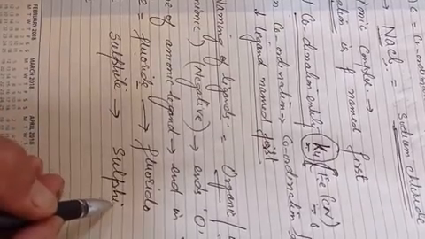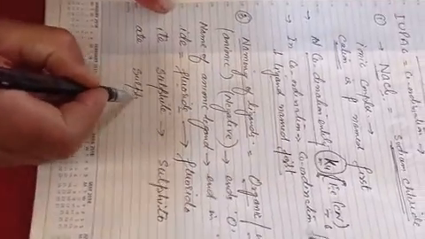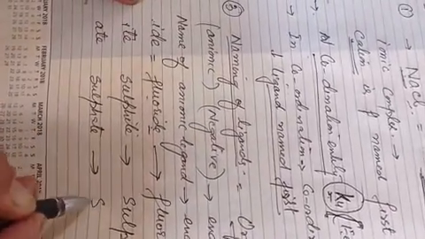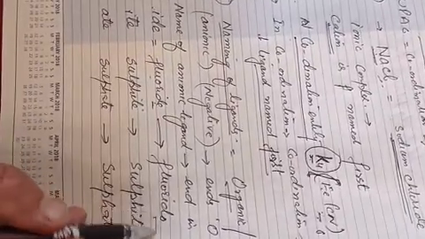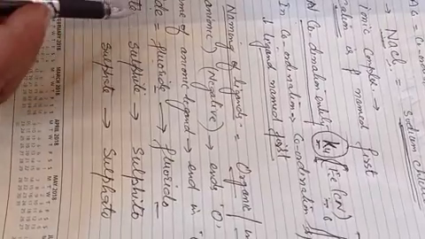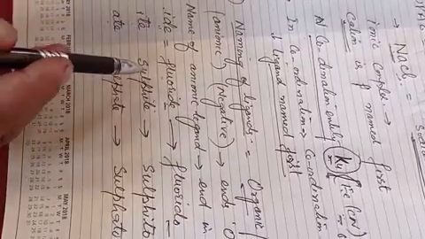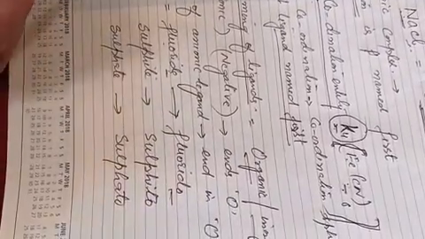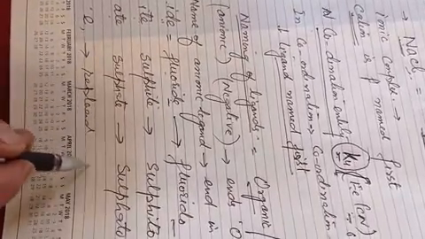The E is replaced by O. For ate, for example sulfate, the E is replaced by O, so it will become sulfato. So in negative ligands, the anionic ligands end in O: the E of the ending is replaced and O is added.